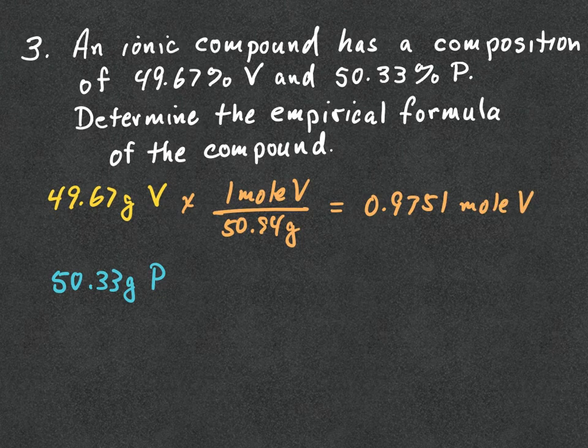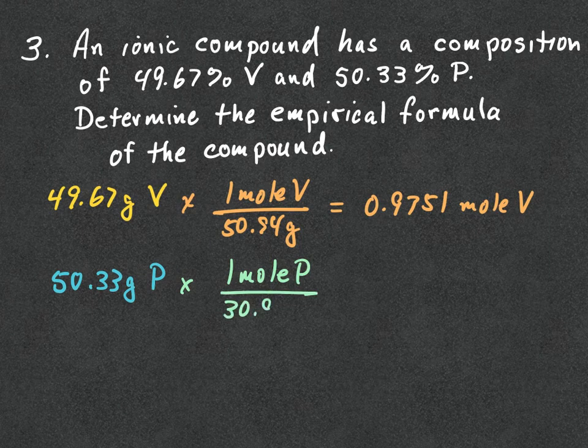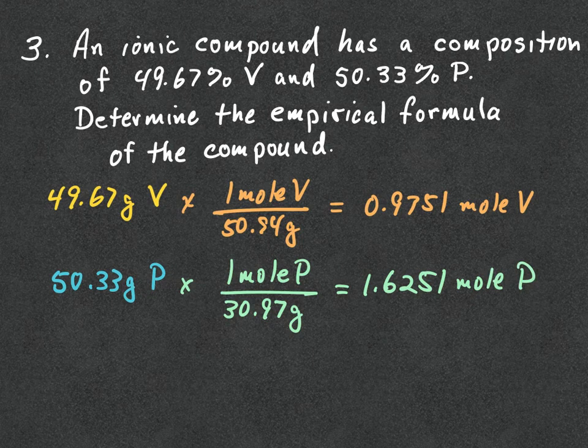We look at phosphorus on the periodic chart and find that the atomic mass of phosphorus is 30.97 atomic mass units. Therefore, 1 mole of phosphorus is 30.97 grams, and we get 1.6251 moles of phosphorus.